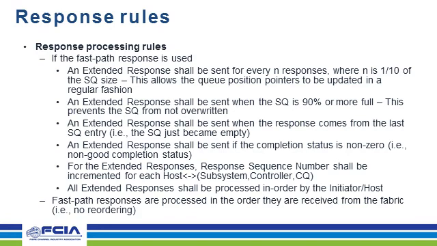This is just to make sure that nothing gets out of sync in terms of queue pointers and buffer-to-buffer credit resources. An extended response is also required if the queue is starting to become full, or if the queue is becoming empty. And of course, if there's an error condition and the status needs to be sent, that also is an extended response.